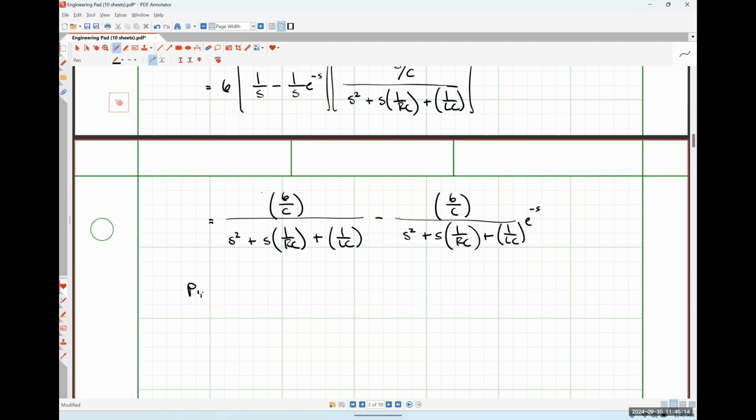Our poles 1 and 2 would be negative b, so that's negative 1 over rc plus or minus the square root of 1 over rc quantity squared minus 4ac, where a is just 1, all over 2.